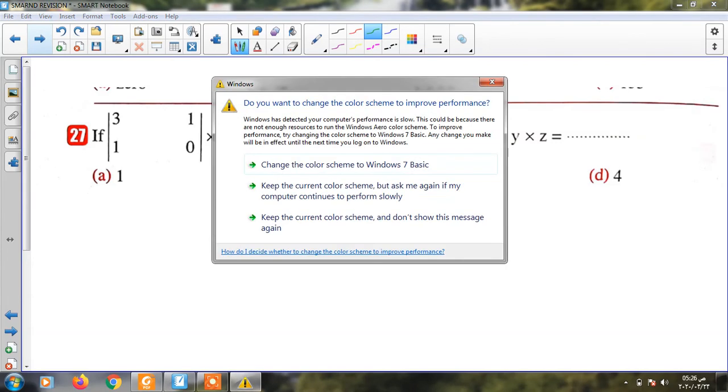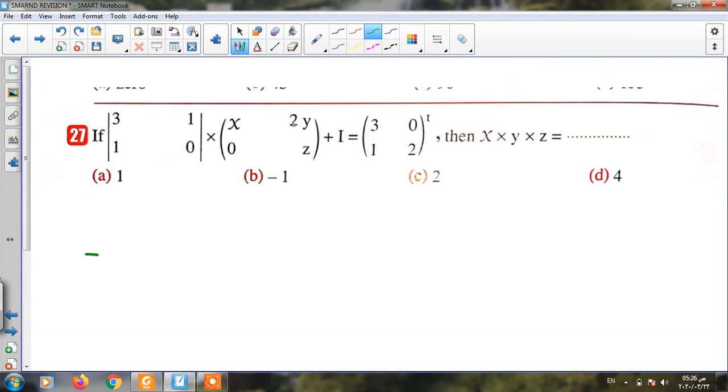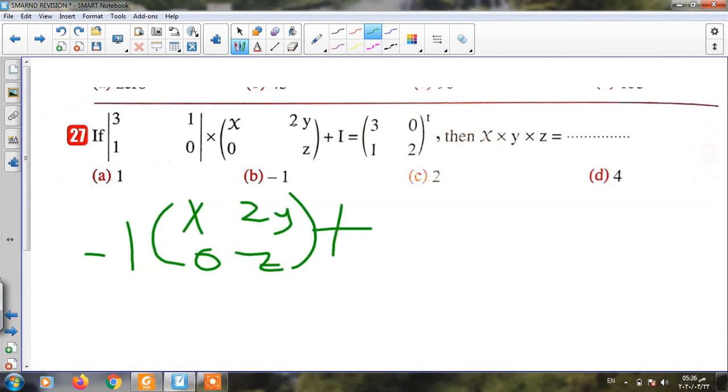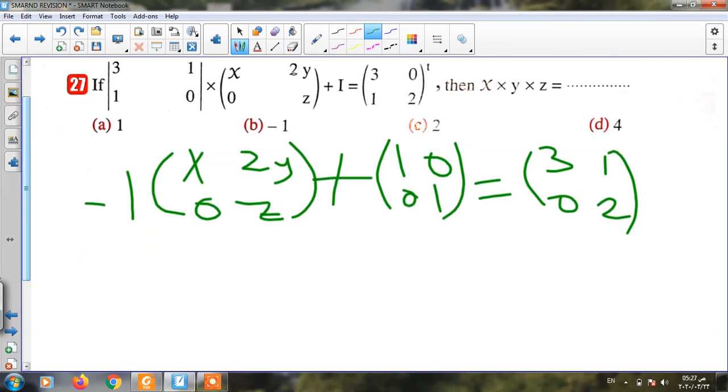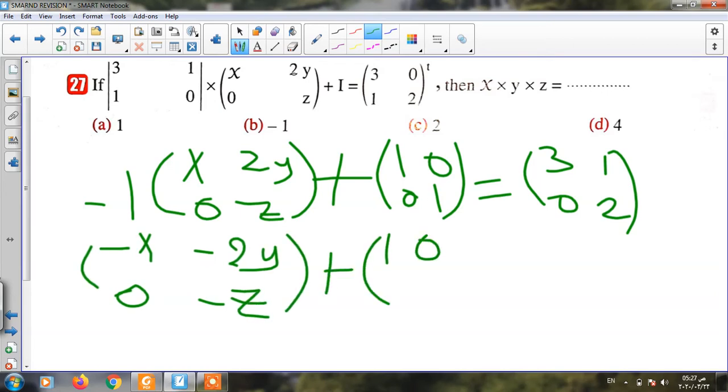It's going to be negative 1 multiplied by x, 0, y, z, plus the identity, which is 1, 0, 0, 1, equal to the transpose, which will be 3, 0, 1, 2. So he is asking to find x, y and z. Let me firstly work inside: it will be negative x, negative 2y, 0 and negative z, plus 1, 0, 0, 1 equals 3, 0, 1, 2. One step by step.